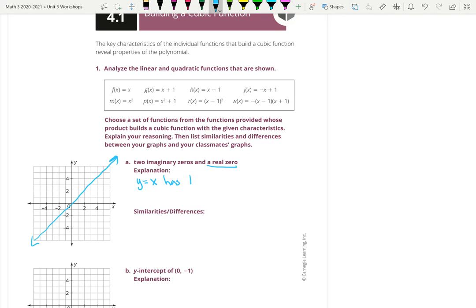It has 1 x-intercept. It is real. It exists. Then we're going to pick 2 imaginary zeros.